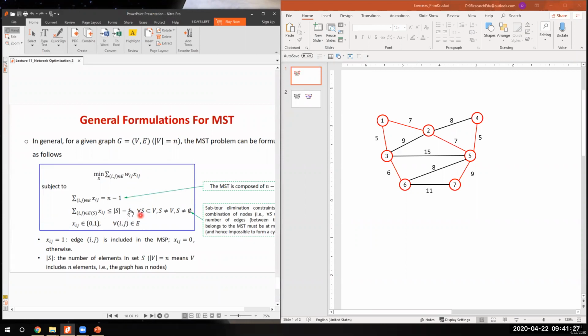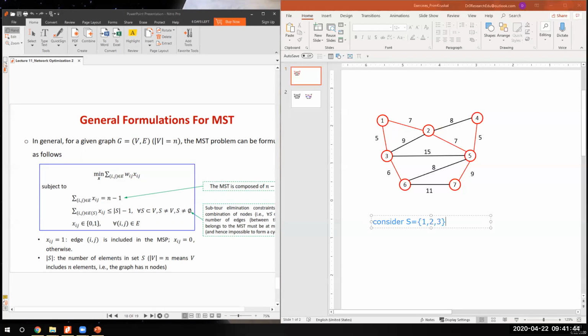What does the second constraint mean? For example, let's consider S equal to {1, 2, 3}.